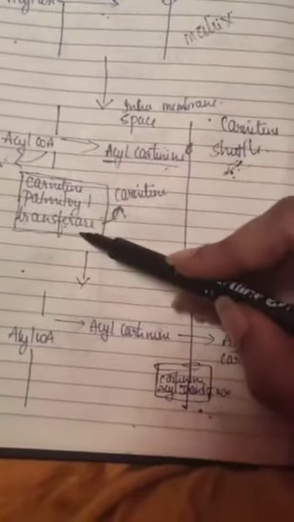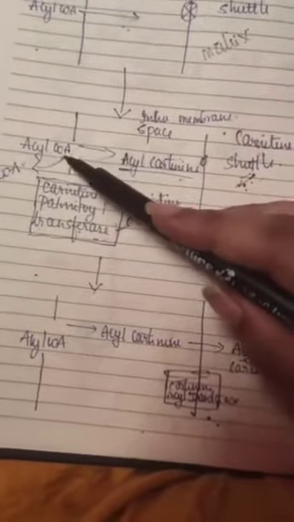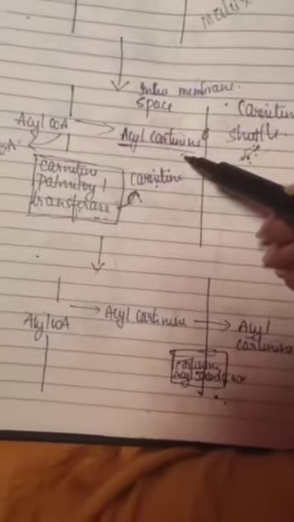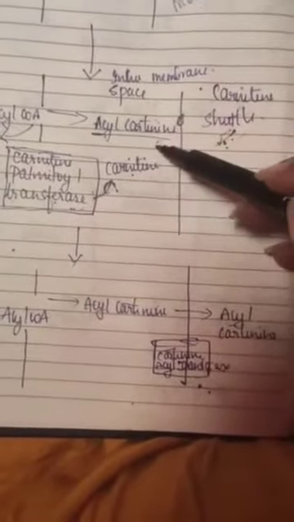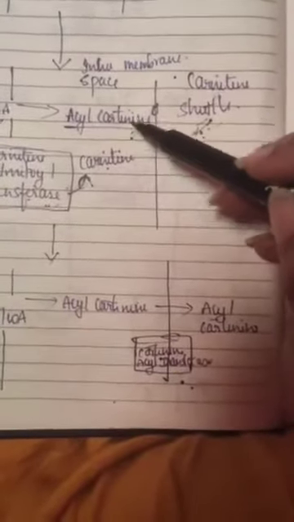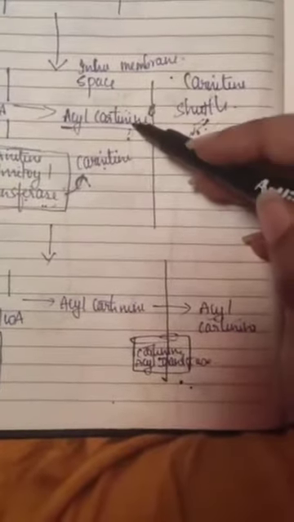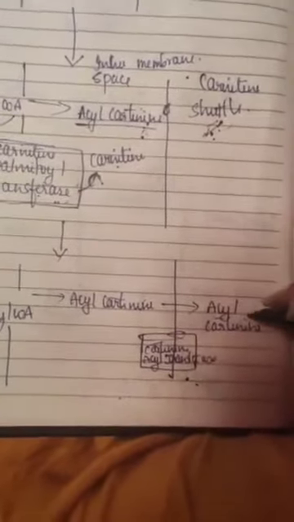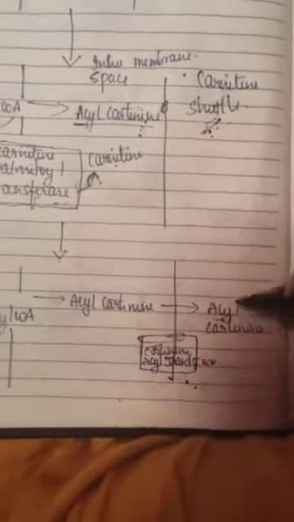This enzyme will transfer one carnitine to the acyl-CoA forming acyl carnitine. Understood? So this acyl carnitine has the capacity, through membrane pores, to enter the inner membrane, so it will enter the inner membrane. But what we need is only the fatty acid acyl-CoA.